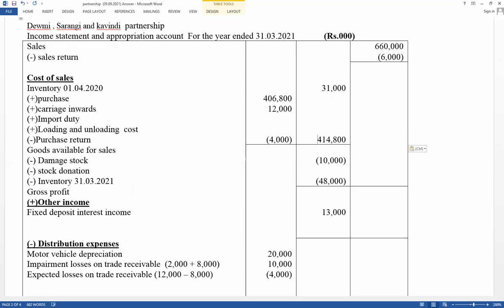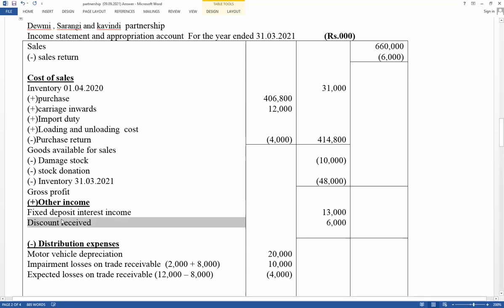Then other income. Discount received is given. Therefore, discount received, other income value equals 6,000. And think about distribution expense: impairment loss on trade receivable, expected losses on trade receivable.